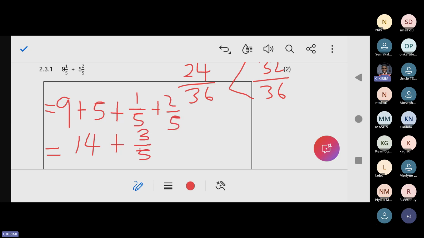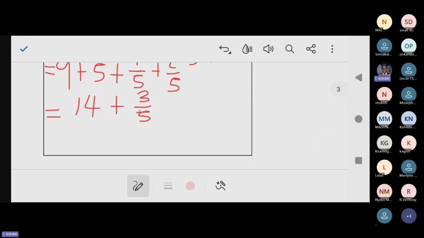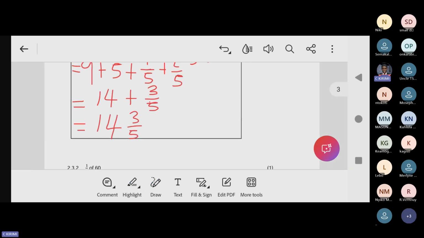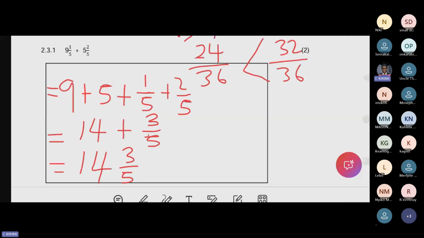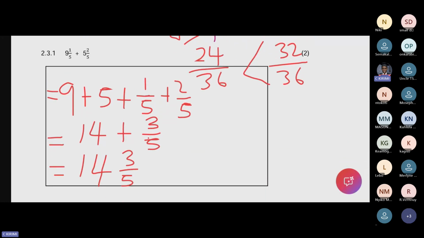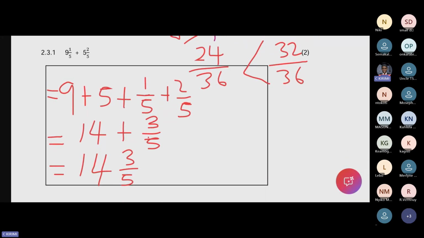Then you write it in simplified form, which is 14 and 3/5. That's how you solve mixed fractions. First, you add the whole numbers together, then you add the fractions together. You only add the numerators of the fractions if the denominators are the same.